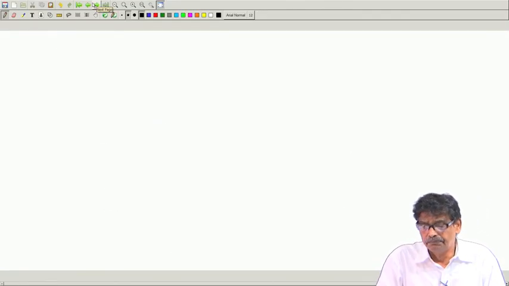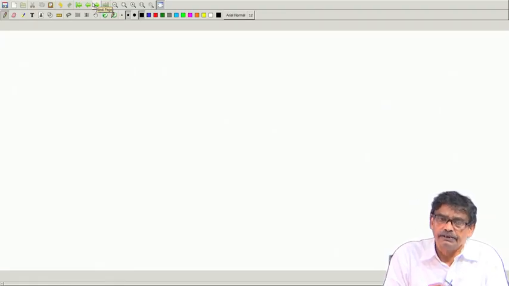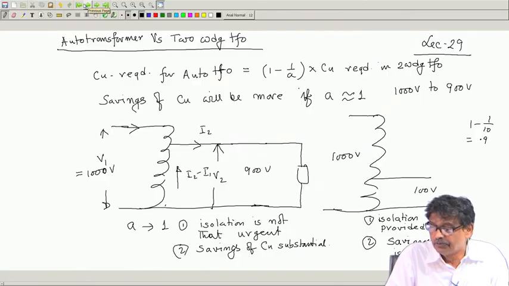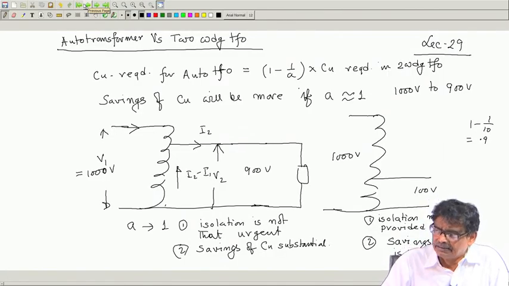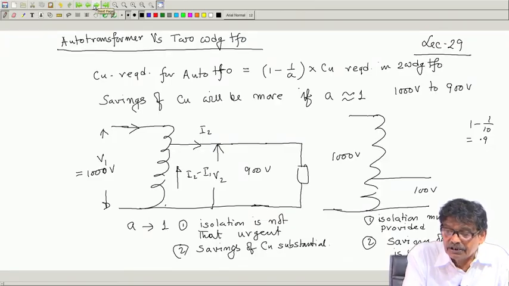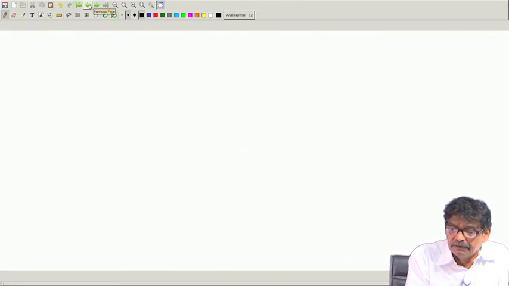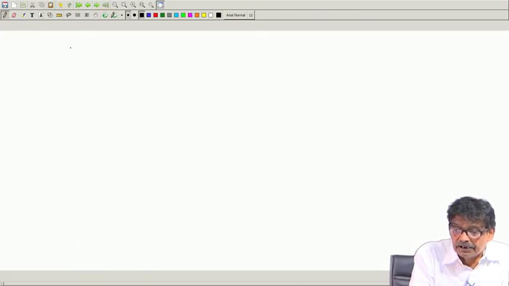Now, before I proceed further, to understand what is going on in an auto transformer, so far I have taken an ideal case, that is, transformers having no leakage impedance and so on. Let me point out one thing, in the form of a problem, so that you understand what I am trying to tell.